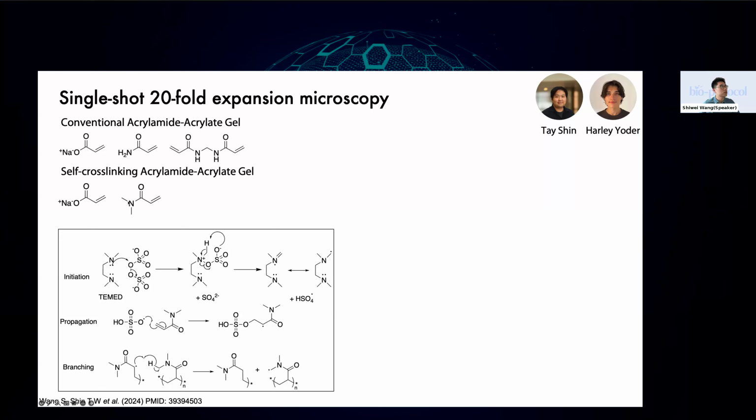But at the same time, they use dimethyl acrylamide, which is different from the conventional gel, and they don't use the bis-acrylamide for cross-linking. That's because the dimethyl acrylamide can go through a process called hydrogen extraction, and therefore can self-branch to form connections between polymer networks. And that turns out to be very helpful to achieve this very exceptional mechanical strength.